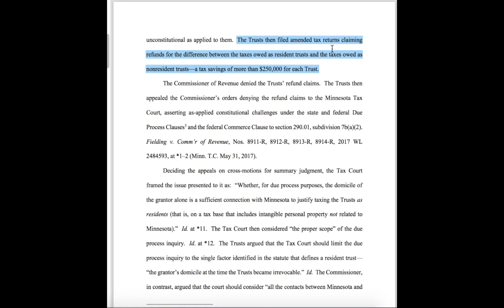And they filed an amended tax return claiming refunds for the difference between the taxes owed for the grantor-owned trust, or what taxes would have been for the trust as a grantor trust. The difference they paid was $1 million more. So they wanted that back. They filed an amended return claiming that they were owed a refund for the difference between the grantor-type trust taxation and the non-resident type taxation. Okay, hope I made that clear.